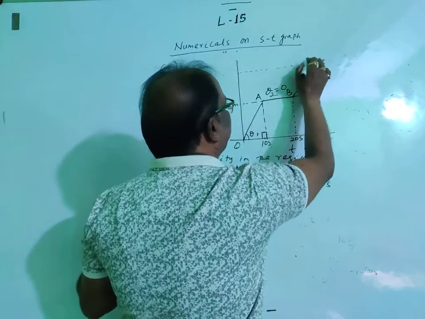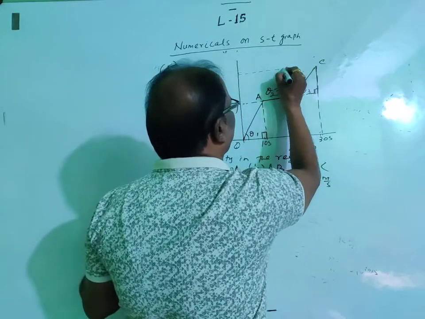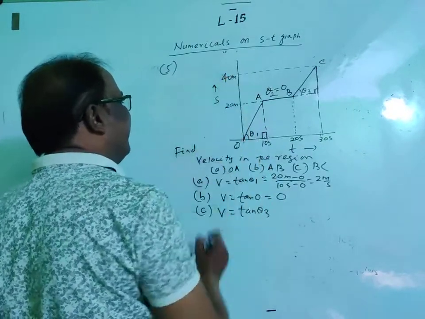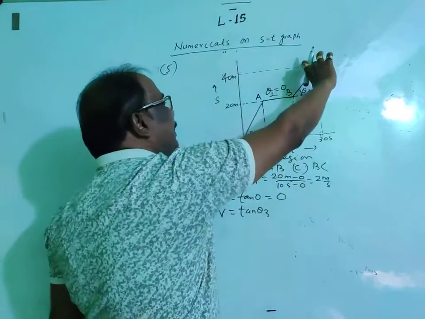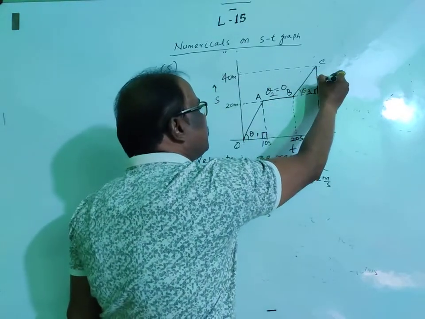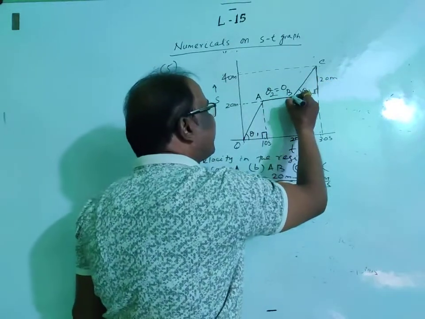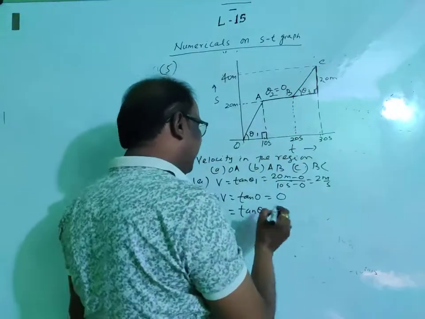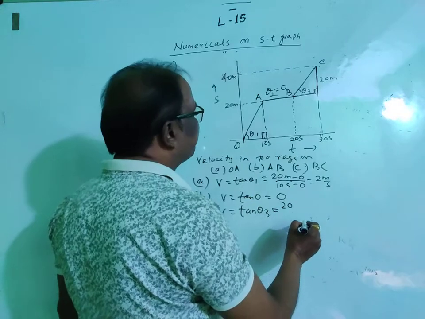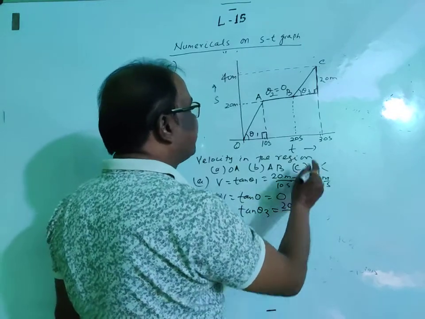This is C. Okay. Let this value be 40 meter. Then this perpendicular is 40 meter minus 20 meter, which means this perpendicular is 20 meter. Then tan theta 3 is perpendicular, 20 meter, over base.